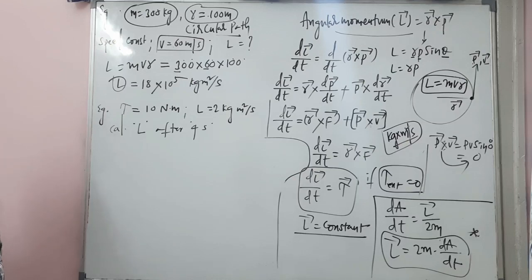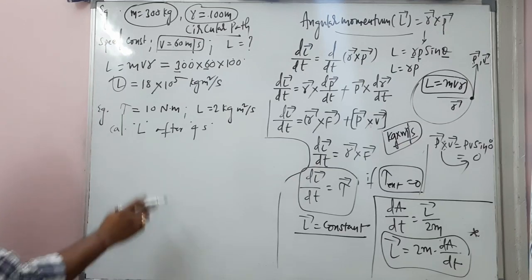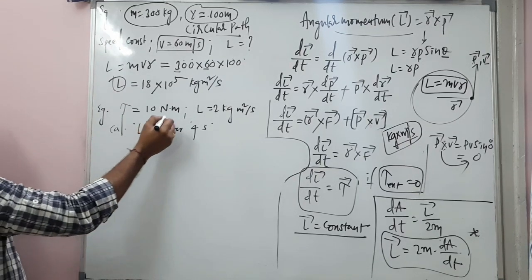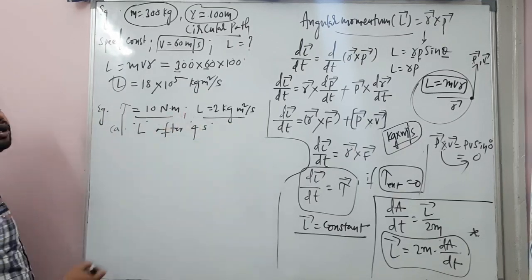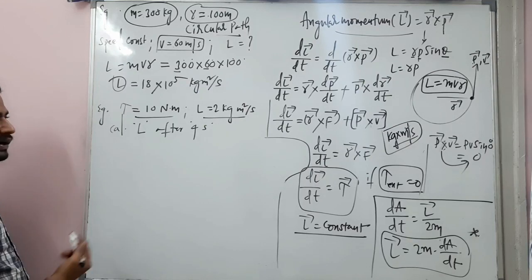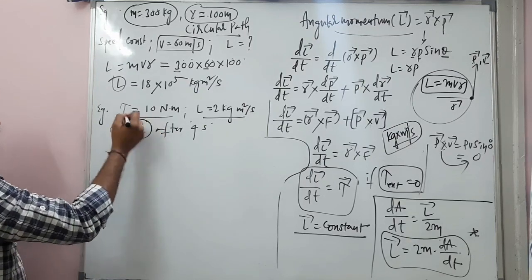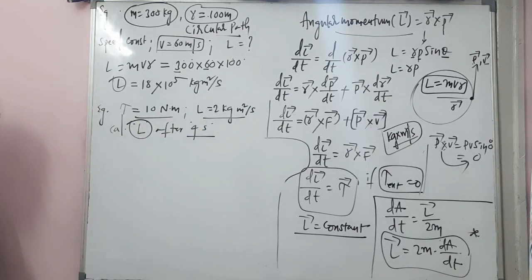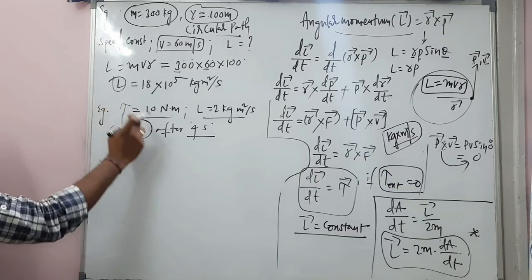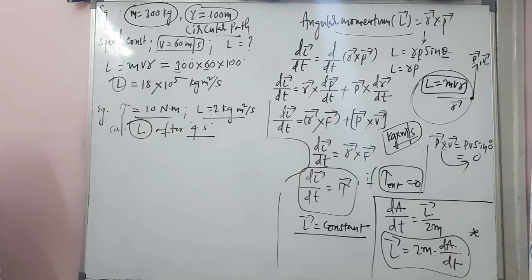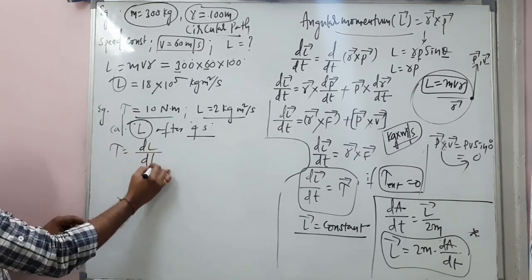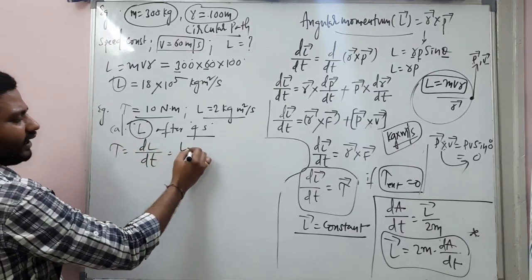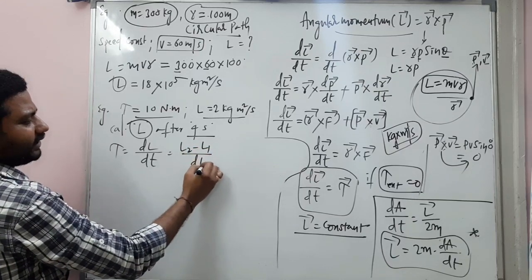I think you're understanding everything. Given torque is 10 Newton meter when angular momentum is 2 kg meter square per second. Now, what is the angular momentum after 4 seconds? Torque is given, and they are talking about the change in angular momentum. So the torque is equal to dL by dt, and this dL I can write as L2 minus L1 by dt.